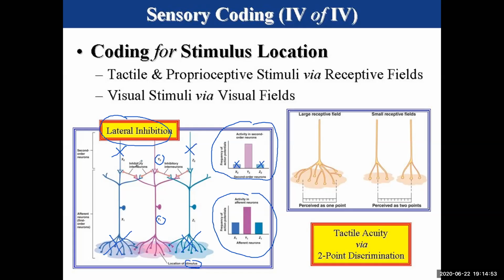This inhibitory interneuron with X1, that's presynaptic inhibition, inhibiting X1 and Z1 from releasing their neurotransmitter. So there's less neurotransmitter from X1 to activate X2, less neurotransmitter from Z1 activating Z2, right?